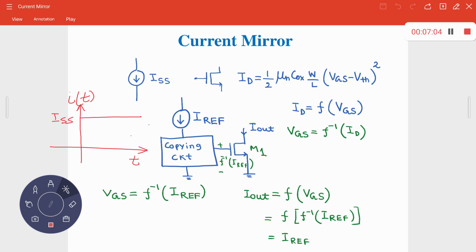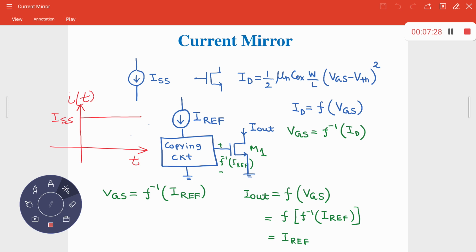Rarely you go for 200% enlargement. But most of the cases you go for reduction. That means what? The copy of this, the same thing, but the size is reduced. So, the same concept, there is a copying circuit.